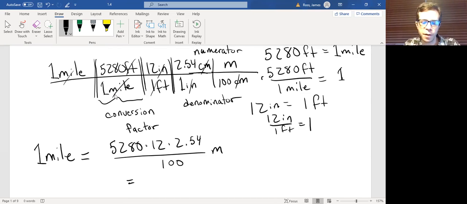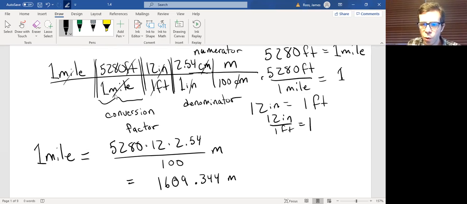This should be 1609. I'll plug it in the calculator and see what we come out with. It comes out to 1609.344 meters.